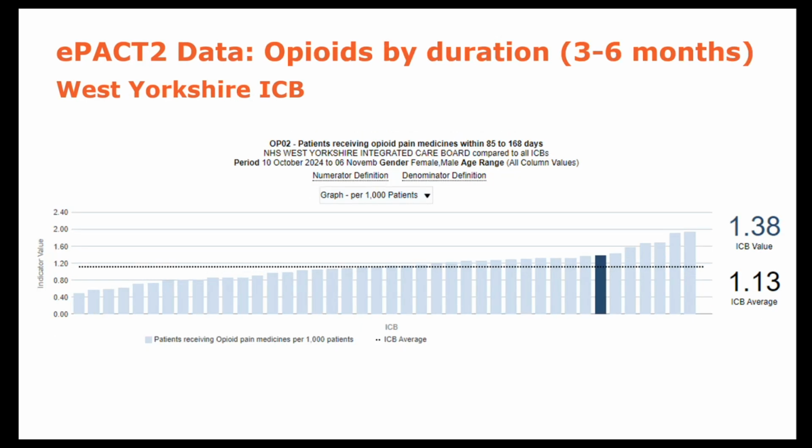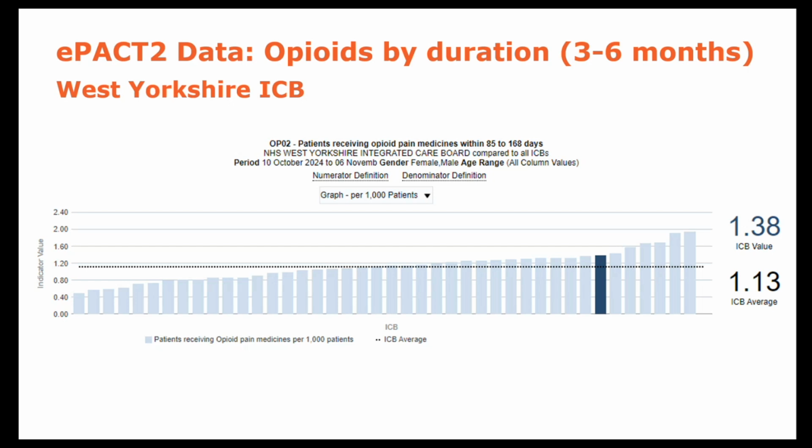One of the other comparators I mentioned that you can look at within EPACT2 is opioids by duration. Again, looking at West Yorkshire ICB here against all other ICBs within England, looking at patients per 1,000 patients. This is the 3 to 6 months duration.